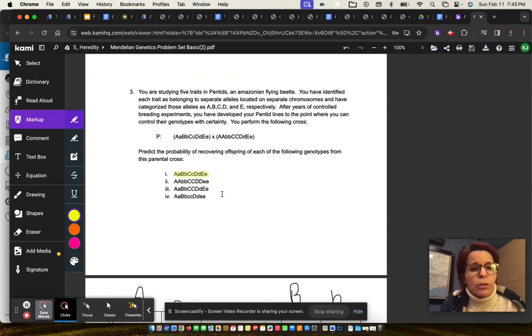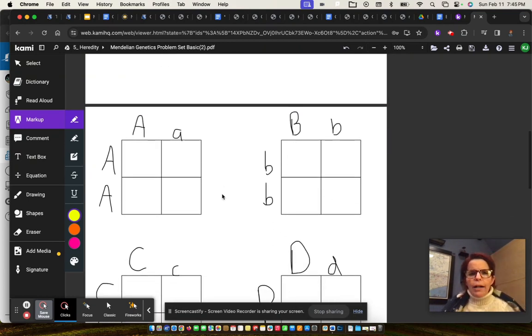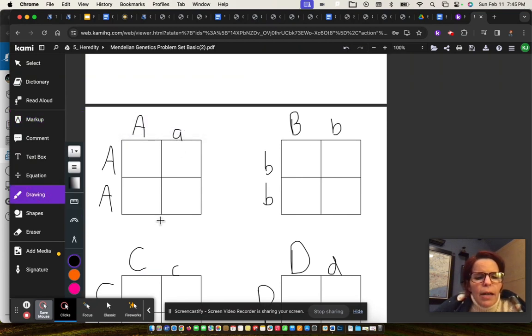All we have to do is multiply the probabilities. So in this first box, what are the odds of a baby that is heterozygous? Well, these two boxes would be capital A, lowercase a. So there's a 1/2 chance that the A's will be capital A, lowercase a. Over here, same thing. Capital B, lowercase b would be 1/2.